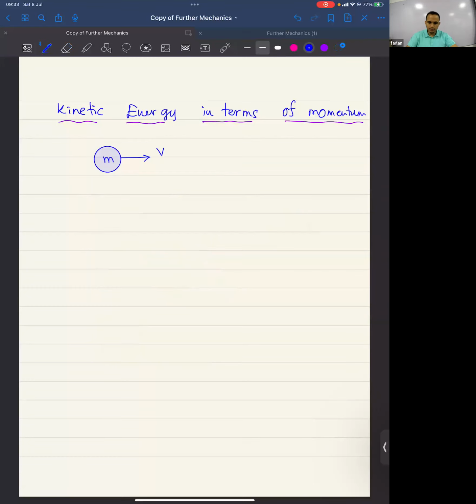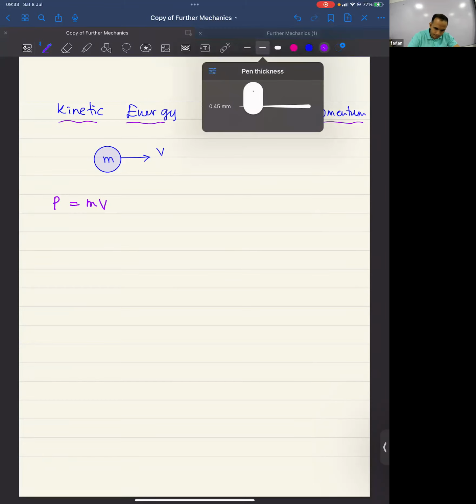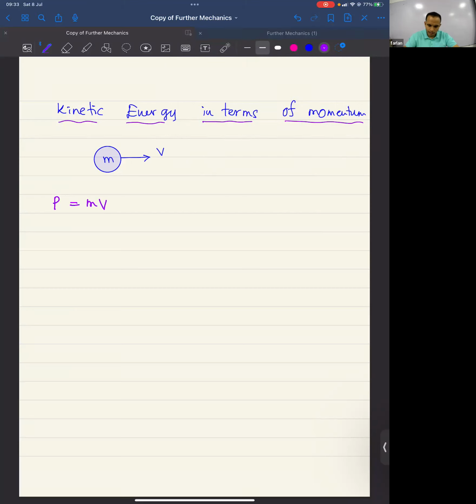Okay. Guys, now let's say there is this object which is moving at a speed v and having a mass m. So its momentum will be P equals mv. Its kinetic energy will be E equals half mv squared. Now from P equals mv, if I make v the subject, v equals P over m.